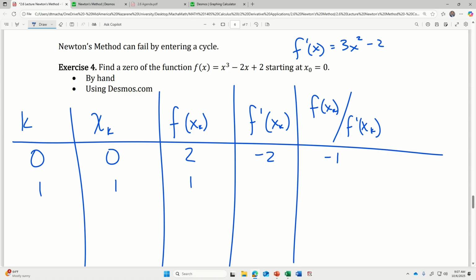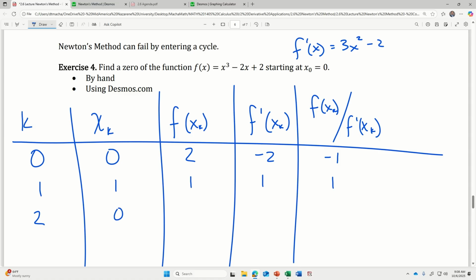Now we take the derivative evaluated at 1, which is 3 times 1 squared minus 2, which is 3 minus 2, which is 1. And 1 divided by 1 is 1. So what is my second iterate? 0. Because 1 minus 1 is 0.